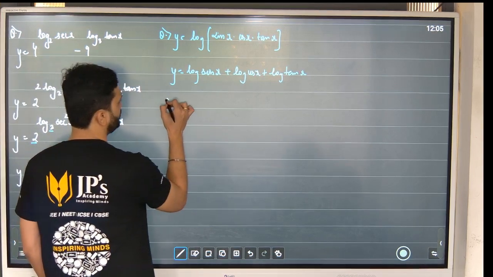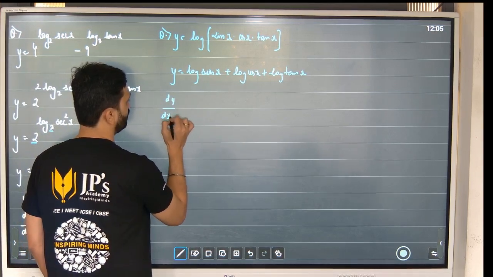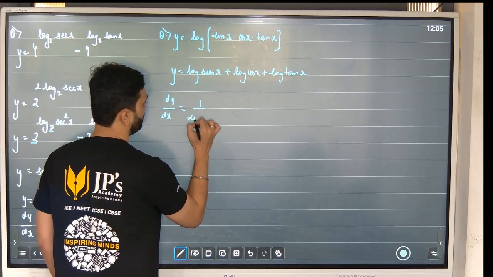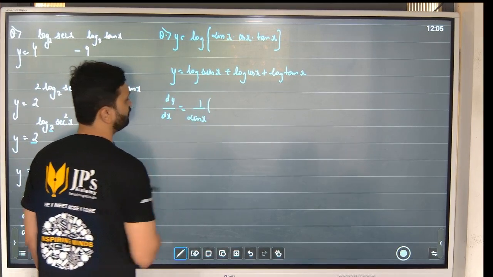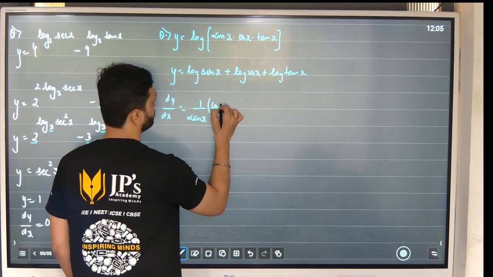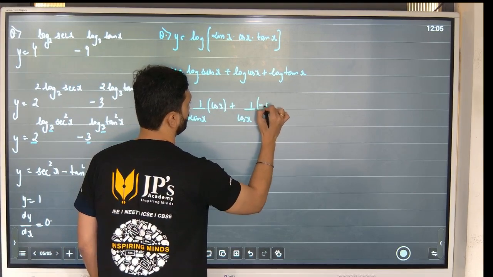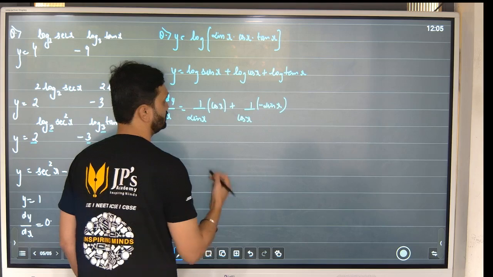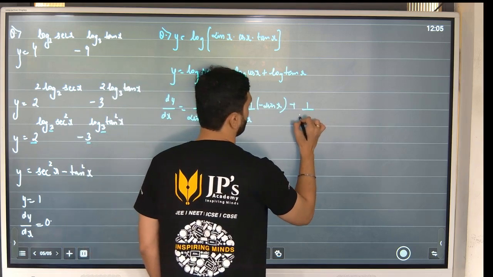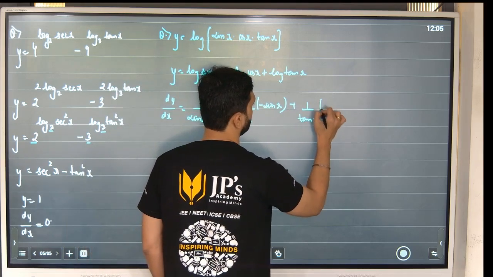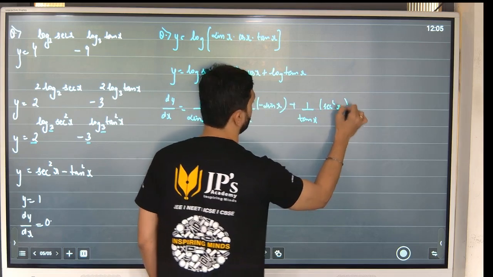And now when I differentiate this, can you tell me what will be the answer for log sin x? 1 by sin x into what is the derivative of sin x, guys? Cos x, plus 1 upon cos x into the derivative of cos x, which is minus sin x, and plus 1 upon tan x into sec square x.